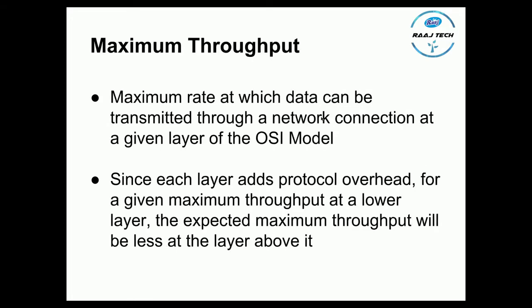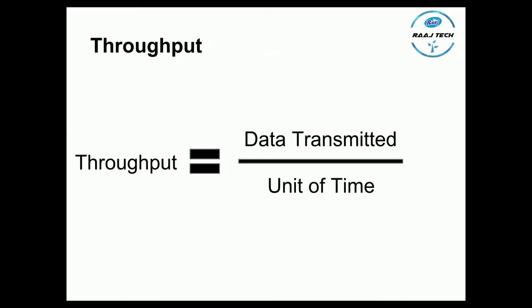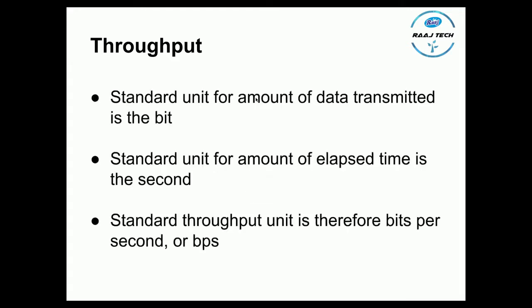And the standard unit that we use for the amount of elapsed time is the second. So we normally measure throughput in bits per second, and we can use SI or IEC prefixes to give us a convenient shorthand for units of thousands or millions and so forth, bits per second or bps.